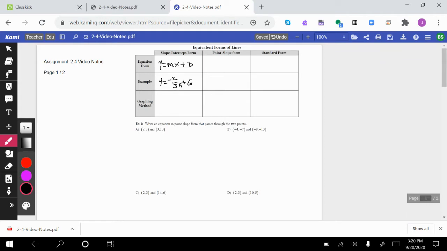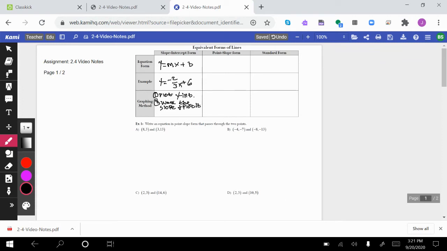And so the way that we graph that is, number one, we need to plot our y-intercept. I'm just going to abbreviate intercept as int. And then we have to walk the slope and plot it out, right?